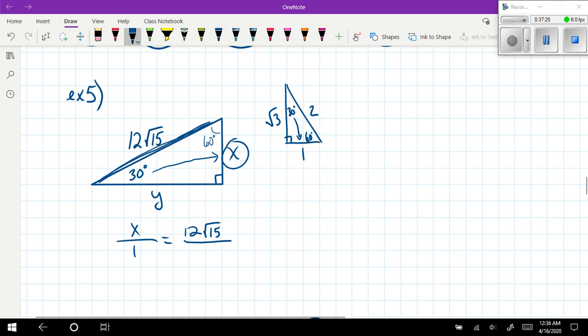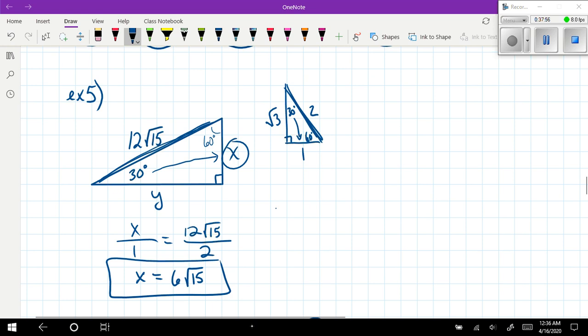And what's on the hypotenuse over here? This is your 2. So the hypotenuse matches with the hypotenuse. Those are corresponding sides. So x over 1 equals 12 root 15 over 2. Inside to inside, outside to outside, but never inside to outside or outside to inside. X over 1 is x. 12 divided by 2 is 6. This gives me 6 root 15.